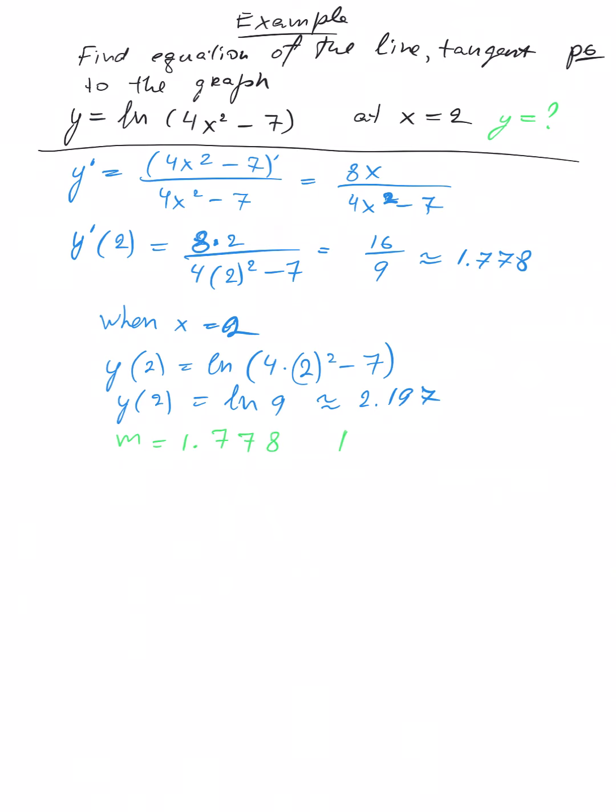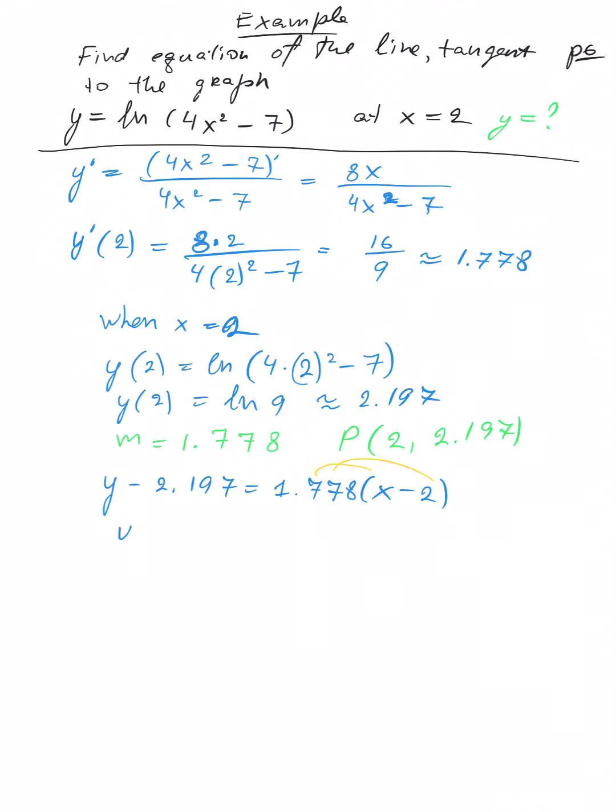All right, so we got a slope equals 1.778 and a point 2 comma 2.197, and we just use our algebra skills from the previous class to convert it to our equation. Y minus 2.197 equals my slope 1.778 times x minus 2. Of course, don't forget to distribute this and then add 2.197.